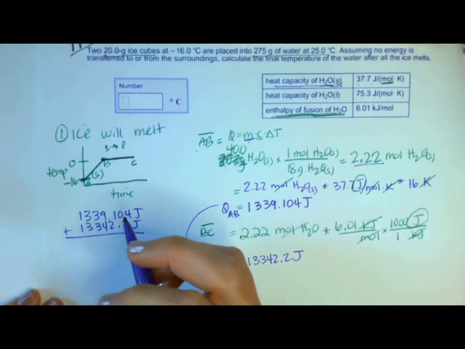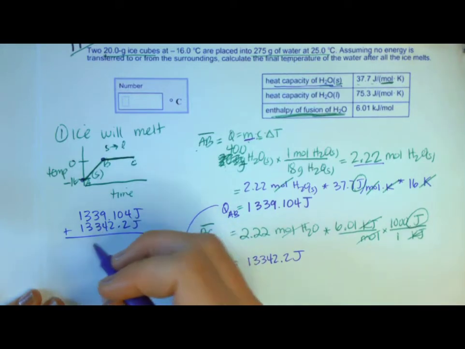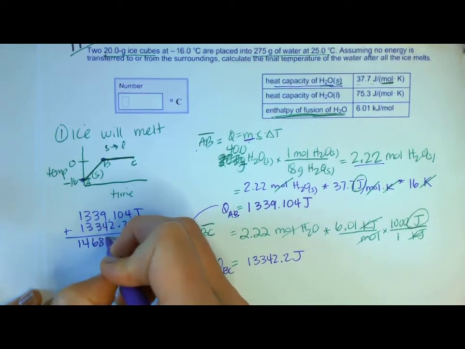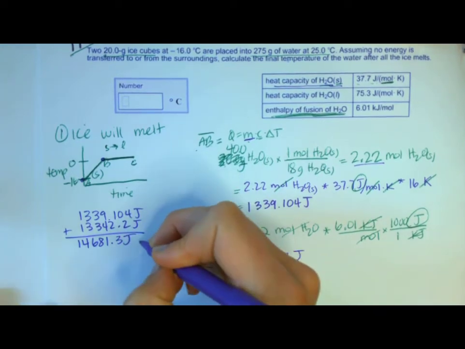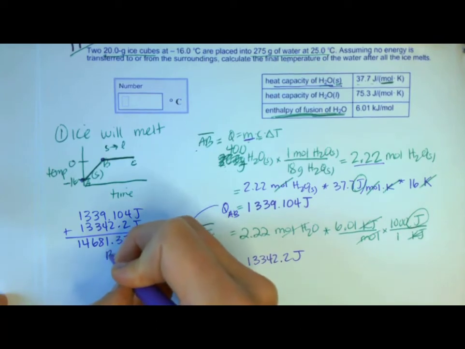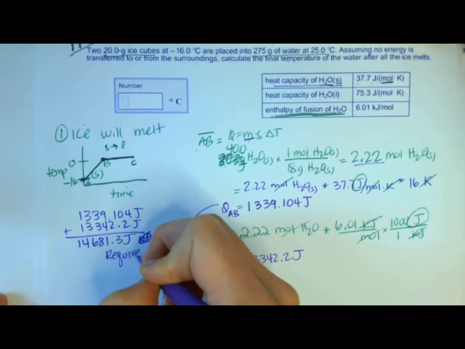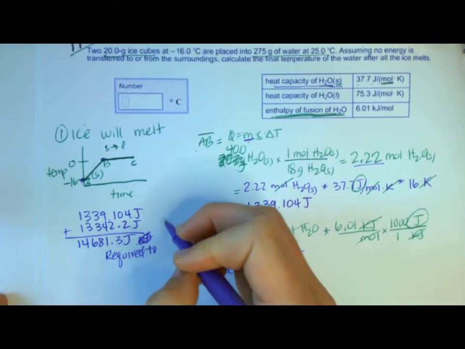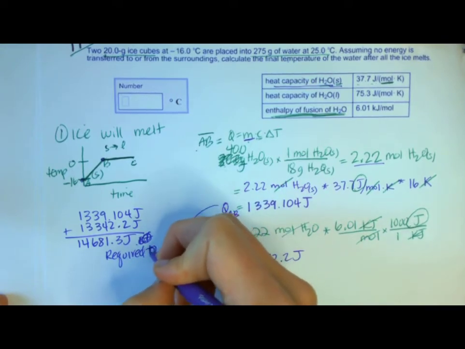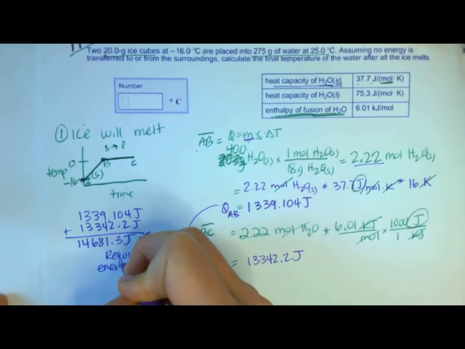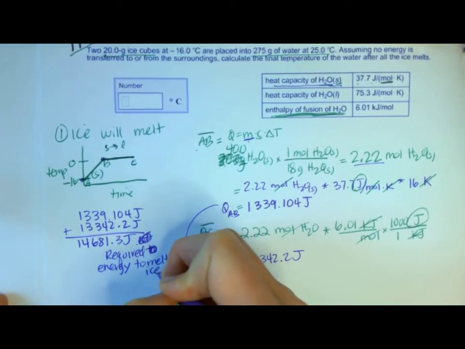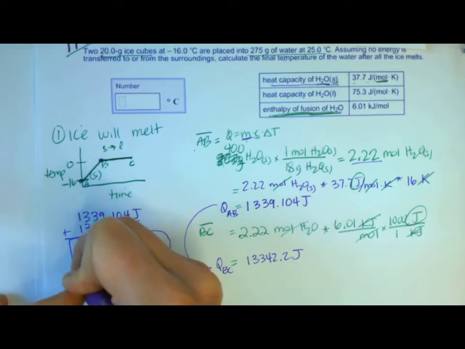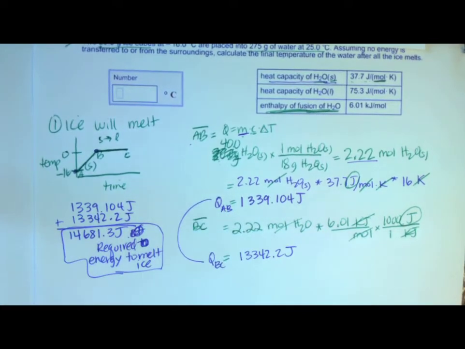Let's add these up and I should get 14681.3 joules. And that's the required energy to melt ice. Okay, next.